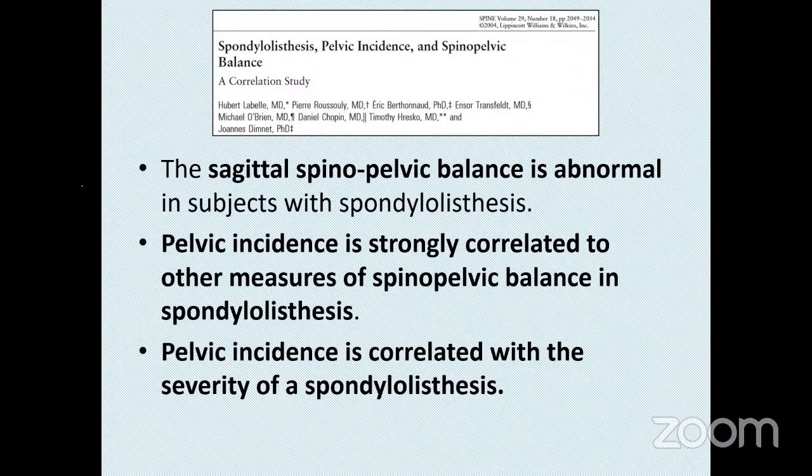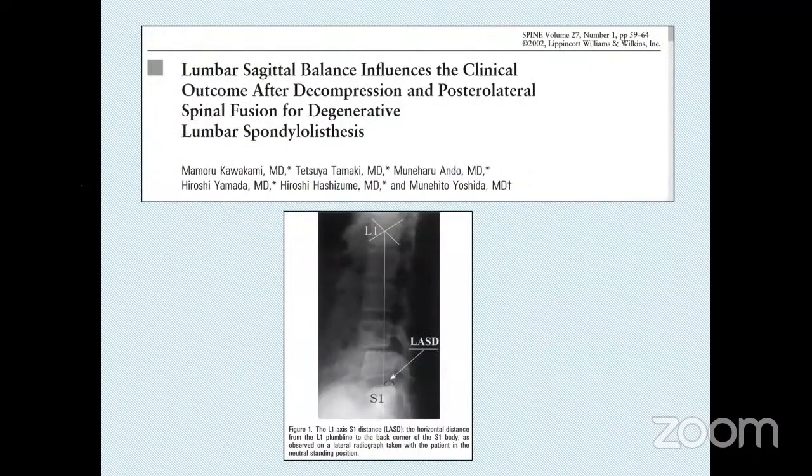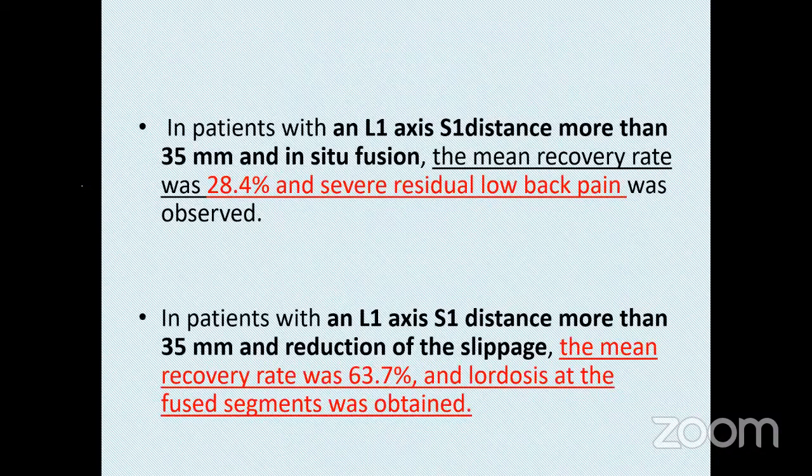The few things which we need to know are the pelvic incidence, and the mid-sagittal axis with reference to the L1 vertebra, how it is placed with the S1. So if the L1 axis and S1 axis distance is more than 35 millimeters, and we end up with an in situ fusion, very likely the patient will be having residual back pain.